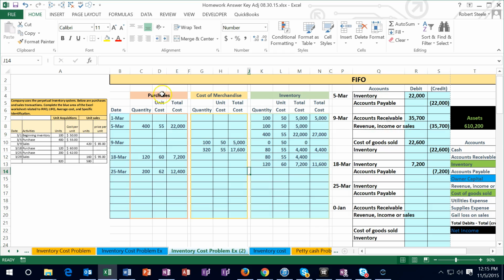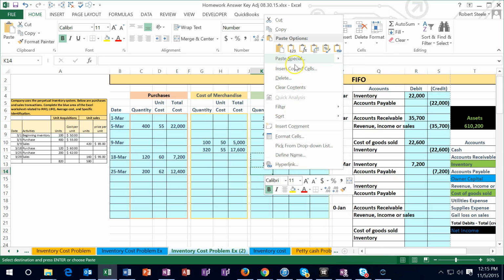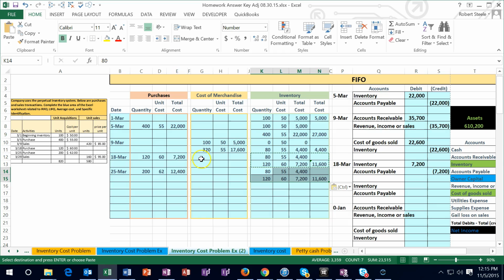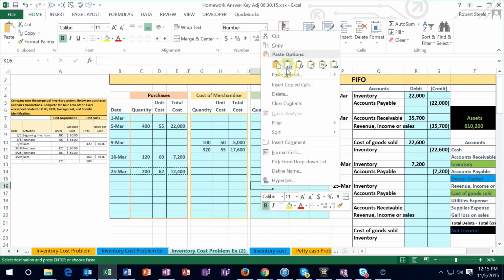Once again, I'm going to just pull down any current rows from our last segment down to this segment. So we had two layers before the new layer. So I'm going to copy those two. I'm going to paste them 1, 2, 3. And then I'm going to add the new layer, 200 at $62. Copy. I'm going to paste just the values in this case.